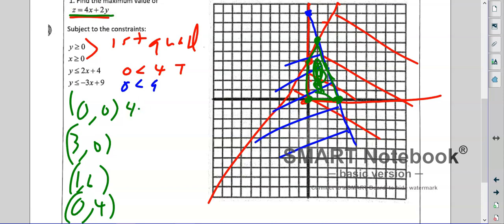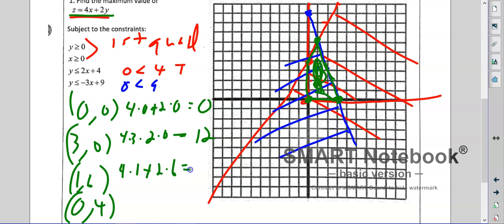So 4 times 0 plus 2 times 0, well, that equals 0. All right? 4 times 3 plus 2 times 0, well, that's just going to be 12. 4 times 1 plus 2 times 6, that's going to be 4 plus 12 is 16.